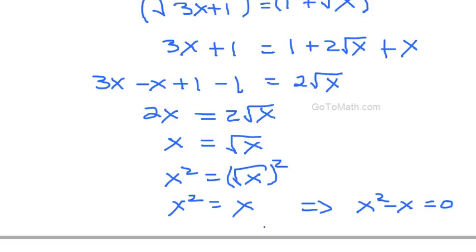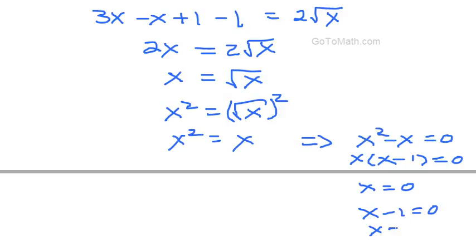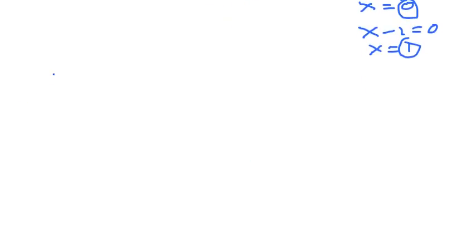Maybe we should just continue it straight down now I think about it. We can factor an x out. So our two possible solutions, x equal to 0, and then of course we set this equal to 0, and so we have x equal to 1. So here's our two possible solutions, 0 and 1, and we'll need to check those out, right?